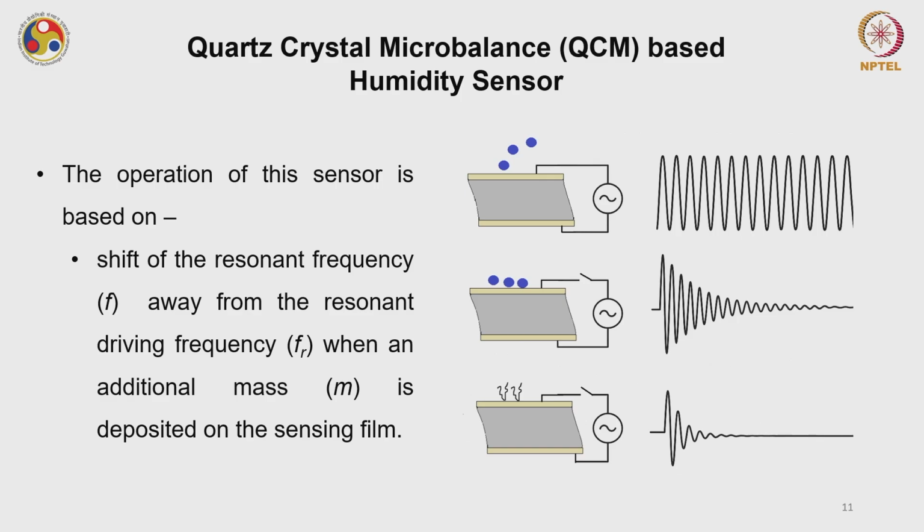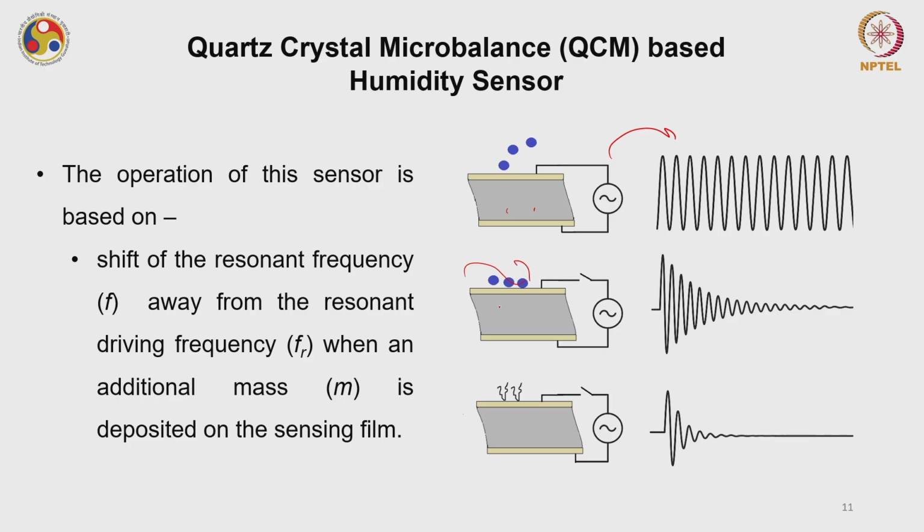sensing film, okay. So this is your sensing film, and what I am trying to do is measure this quartz natural frequency, okay. So this natural frequency will of course shift when I have loaded this film with some material, okay.